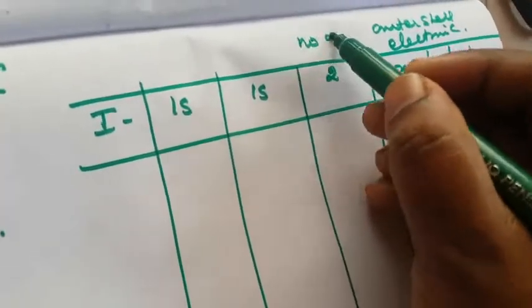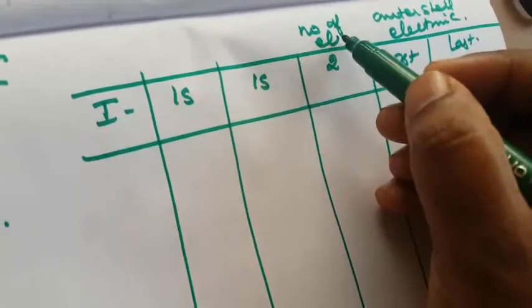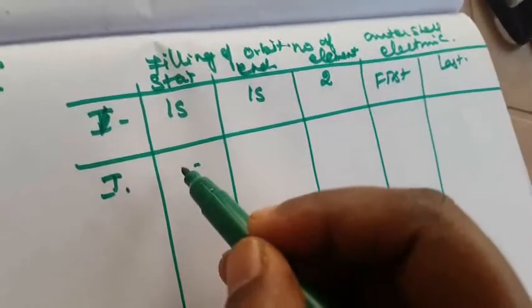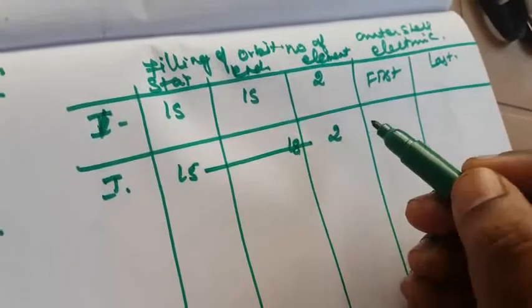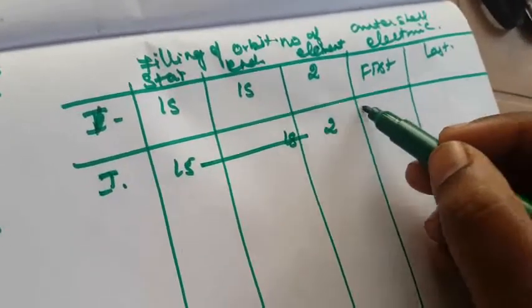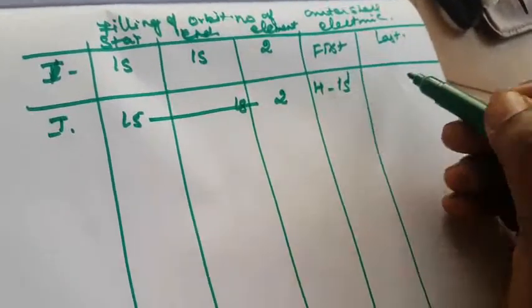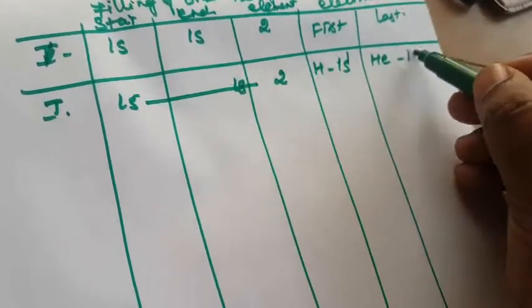This is the filling of the orbital, the starting and the end. Total elements 2. Hydrogen has electronic configuration 1s1, and helium is 1s2.